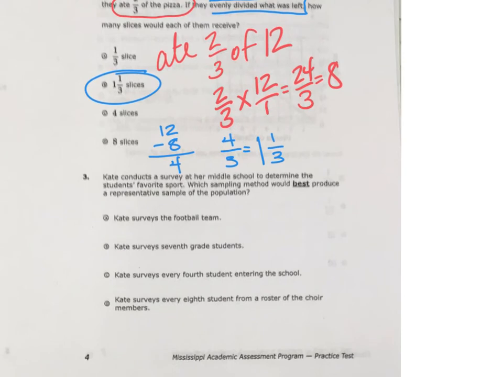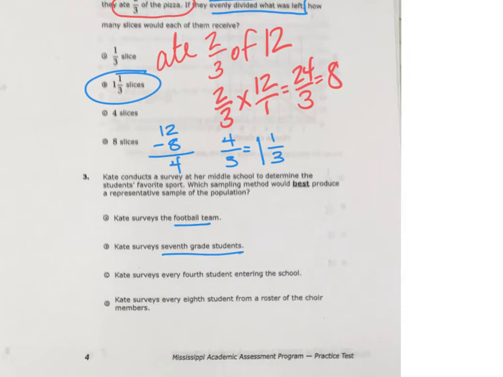Number 3, Kate conducts a survey at her middle school to determine the favorite sport. Which sampling method is best? We want to pick the one that is the fairest for everybody. A, we don't want to pick that because it's just the football team. B, we don't want that because it's just the 7th graders.